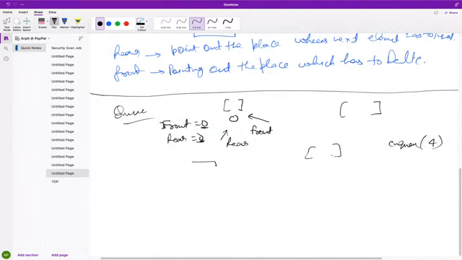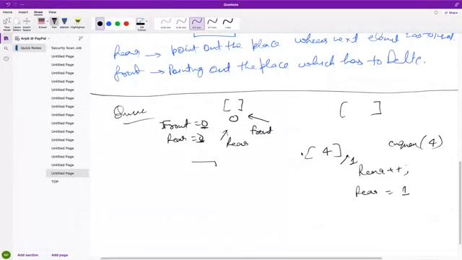Once we push 4 here, we will increase rear to 1. So rear will now point to the next position where the element has to be inserted, and front will still point to 0.